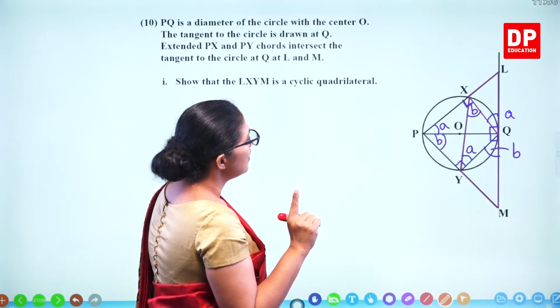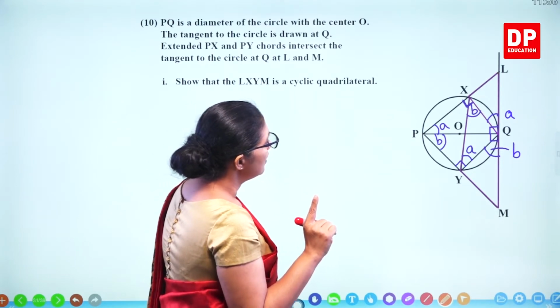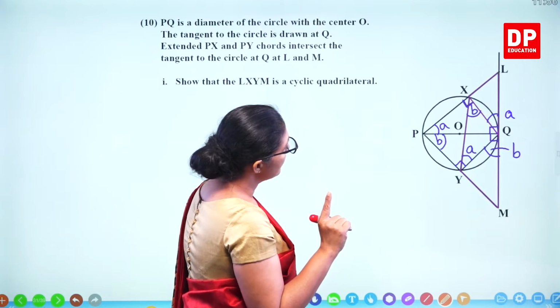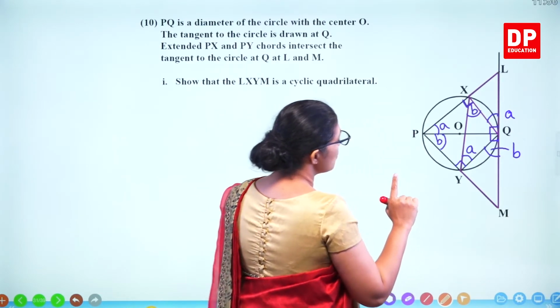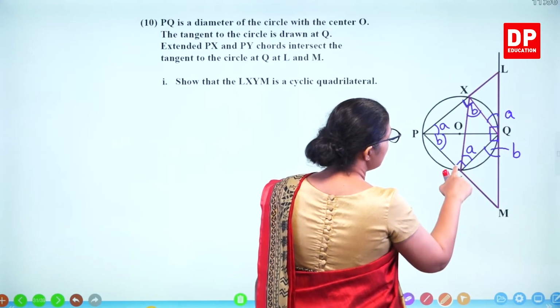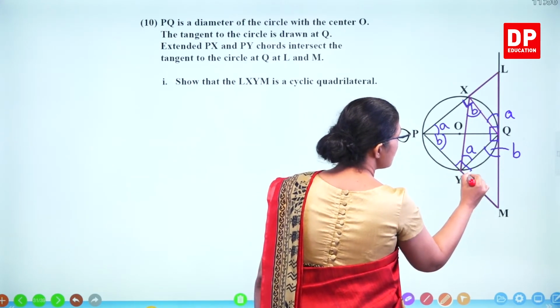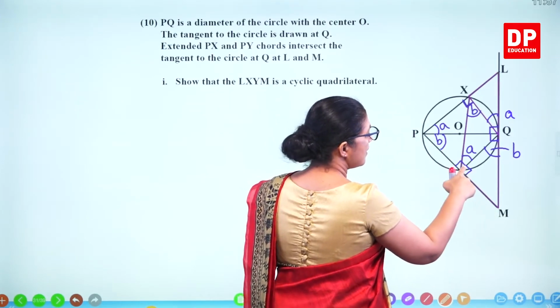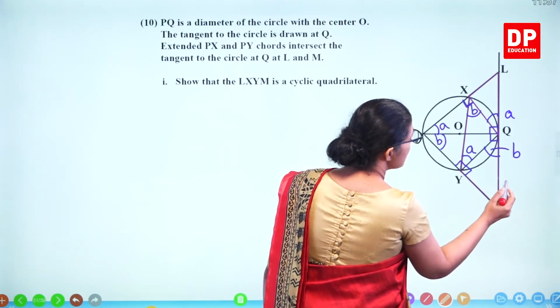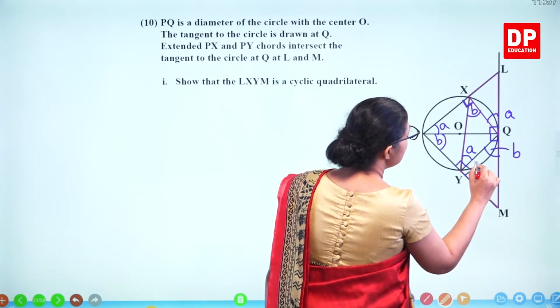And we'll check what's this angle. So here this is 90, so this is also 90 because this is a straight line. So that means what is this angle?